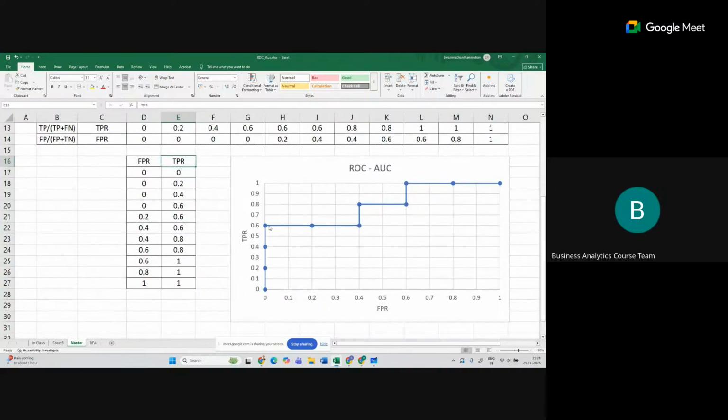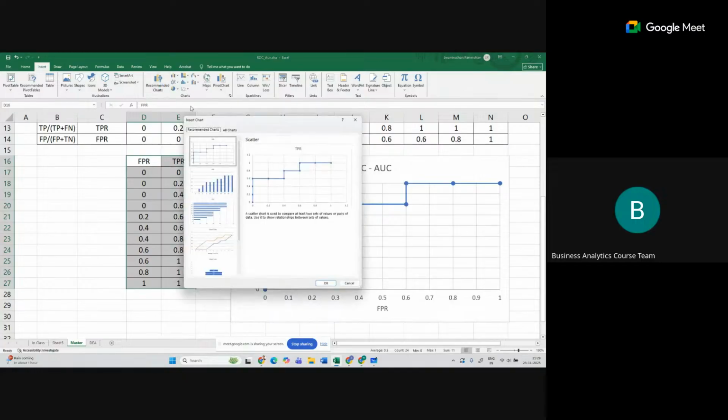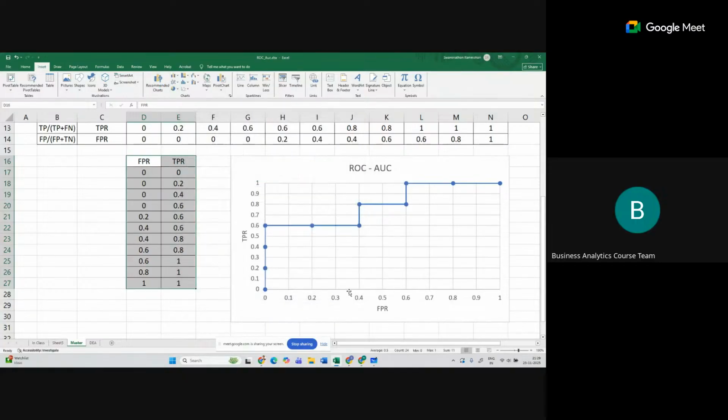So now I'm plotting this. Just go to insert chart, you will get this plot between false positive and true positive. So this blue line is called the ROC curve. Is it clear?